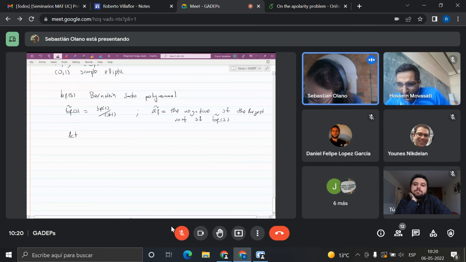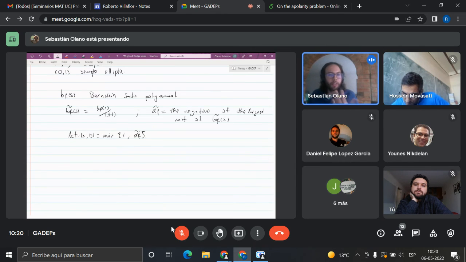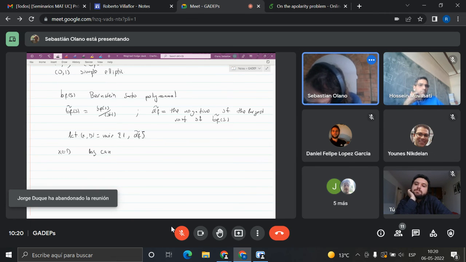So the log canonical threshold of x is the minimum between 1 and alpha tilde f. And this is in general a very well studied number associated to the singularity. Now, x in D is log canonical, not rational.